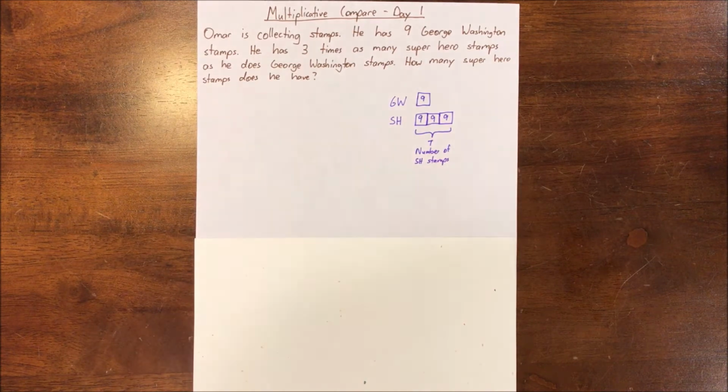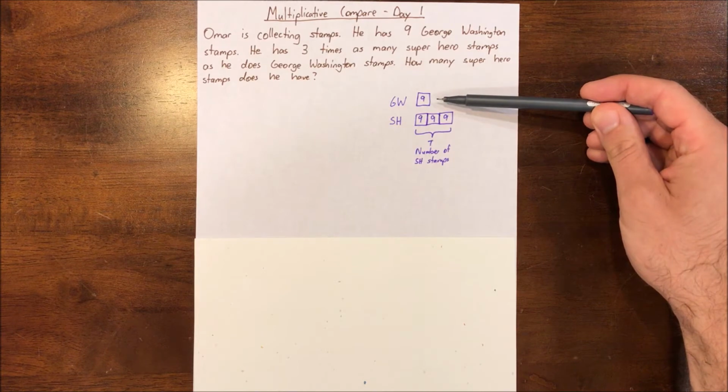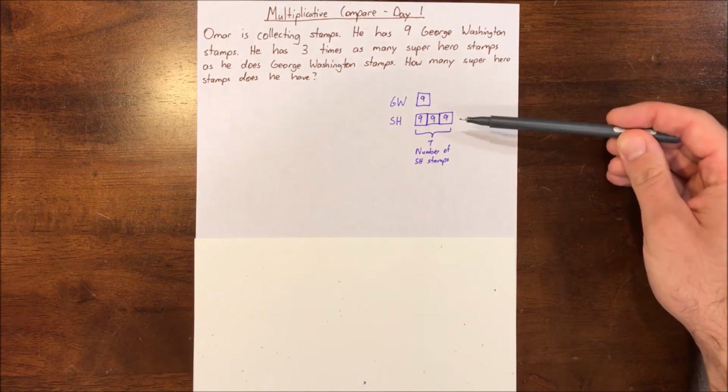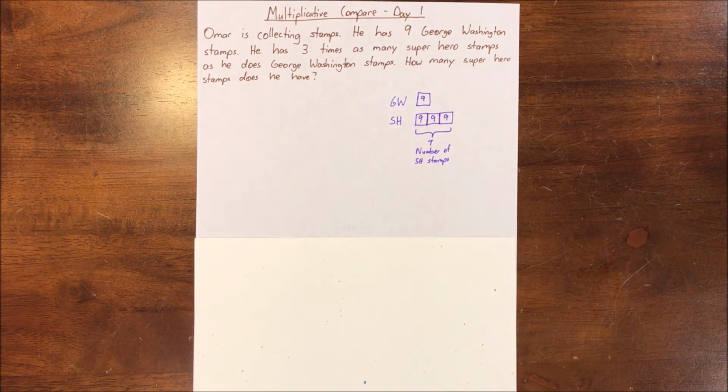So my question is, how does this tape diagram represent the story? Say it out loud. Right, it shows one group of 9 for the George Washington stamps and 3 groups of 9 for the superhero stamps. But why would we show one group of 9 for the George Washington stamps, but 3 groups of 9 for the superhero stamps?